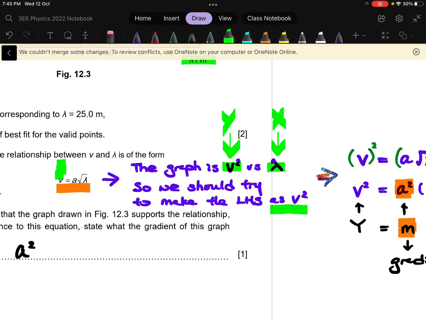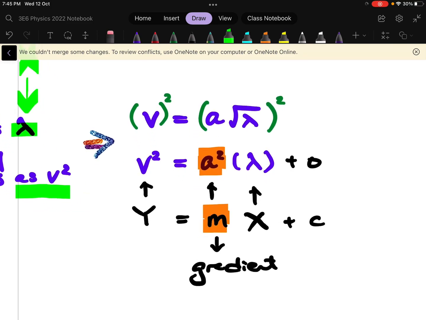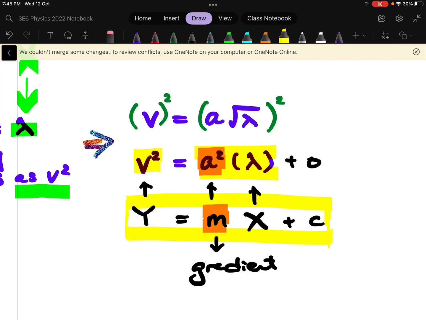To do that is pretty simple. You just square both sides of the expression and you will get v squared on the left side. What you have on the right side is just this chunk of things, and now your expression looks like the standard line equation, y equals mx plus c.